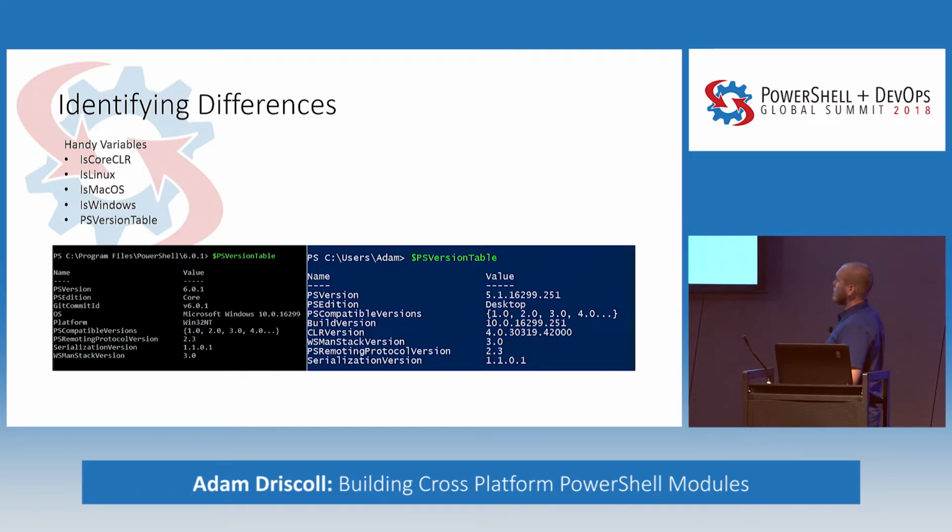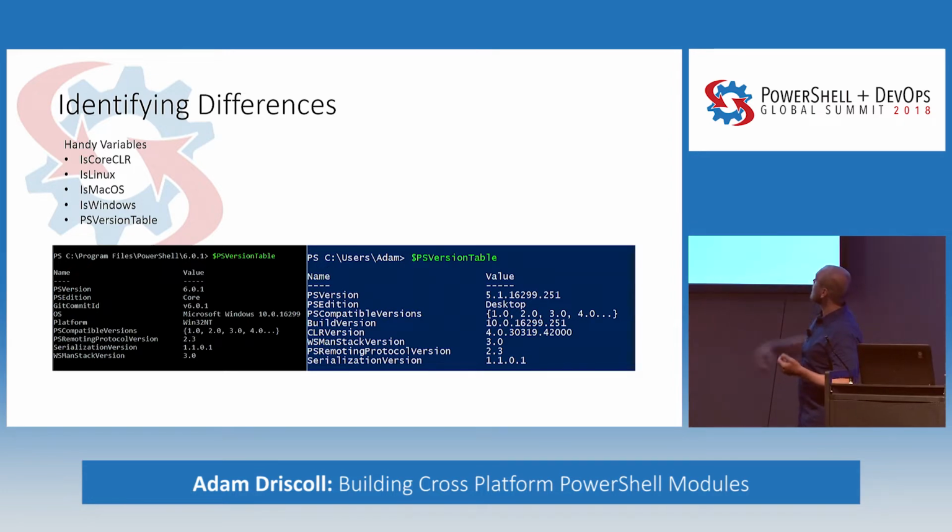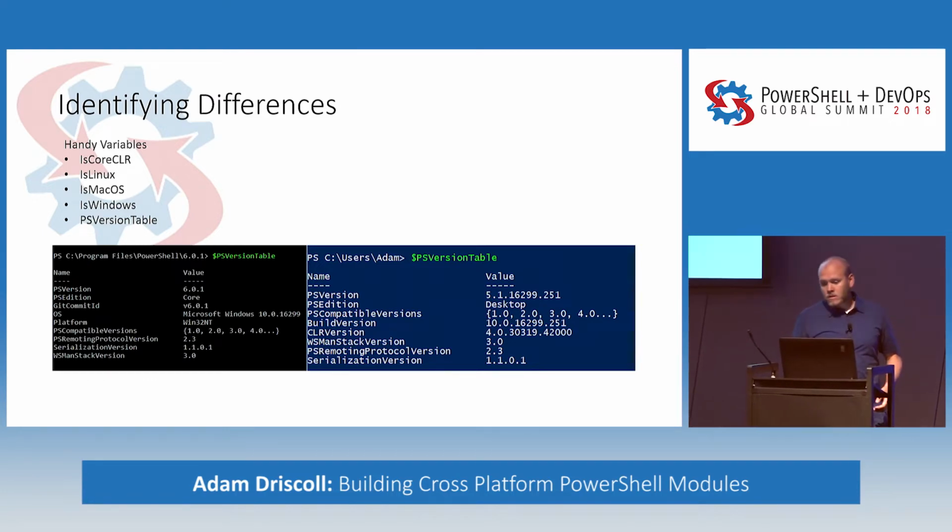And you can see that PSVersionTable is actually different between Windows PowerShell and PowerShell Core. In version 5.1, I think they added PSEdition, so that's Desktop. And then when you're running Core, it's actually Core. And then you'll have access to things like the OS and platform on Core, as well as the Git commit ID, which is kind of cool.